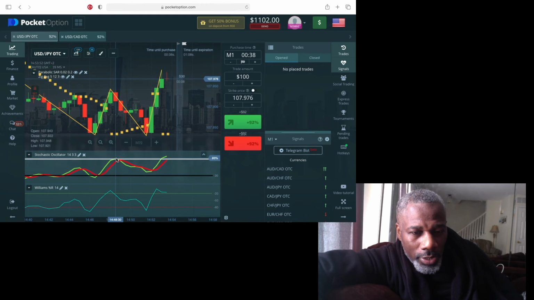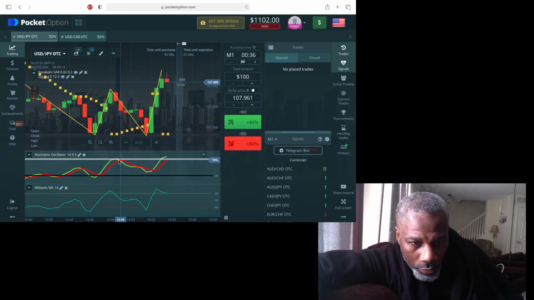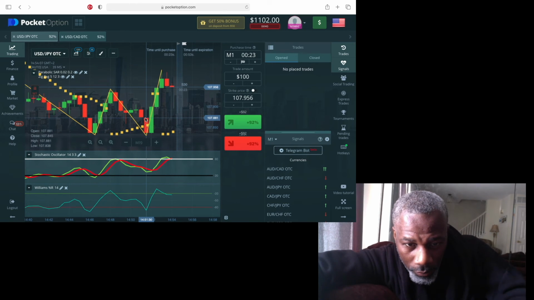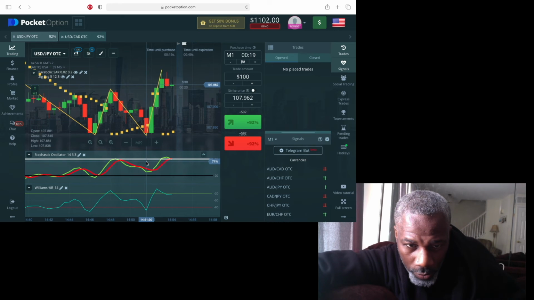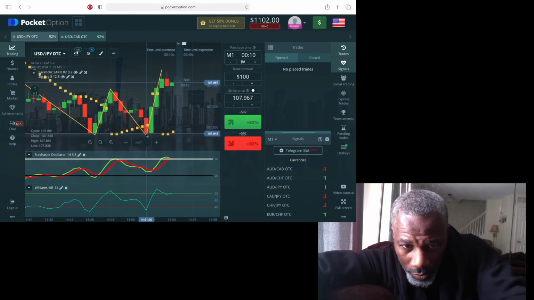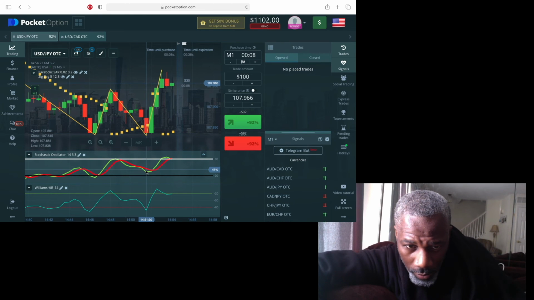Once it hit that peak right here, you see when the green crosses the red, and you see how the red came over the stochastic. Now you notice that there's a downtrend, right? So you see the downtrend right here. It hits this peak right here. You see this line right here that I'm hovering over. So when the zigzag hits that peak right there, you see the line hits this thrust.